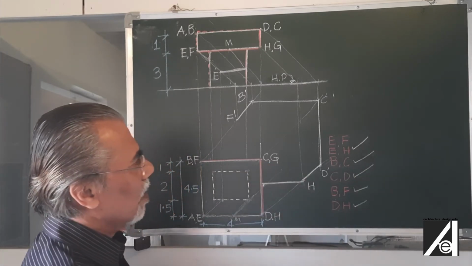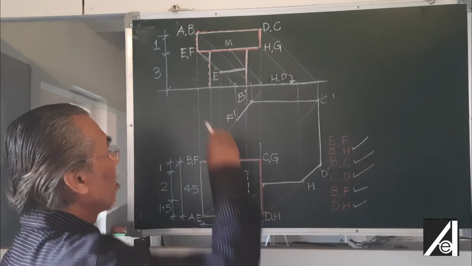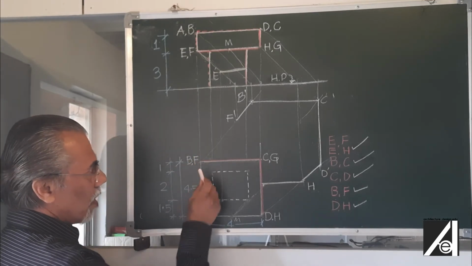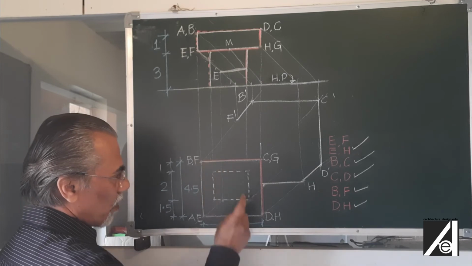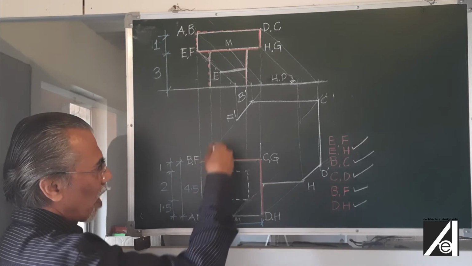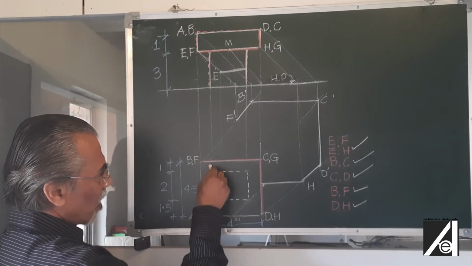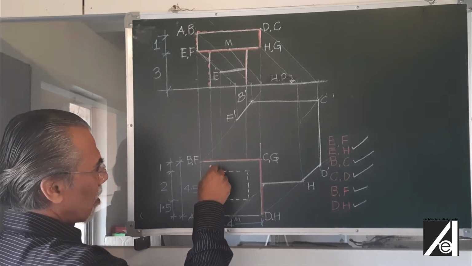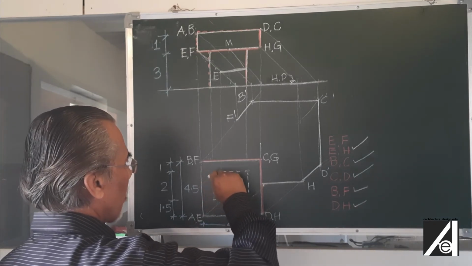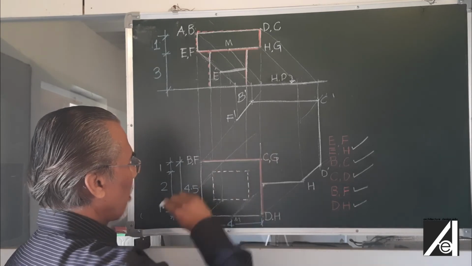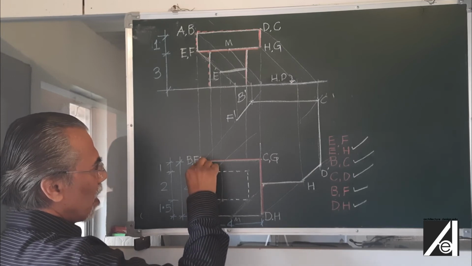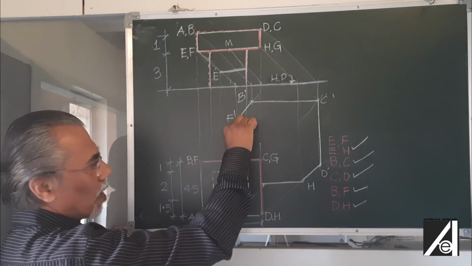Now only one edge shadow is remaining, that is EF. EF edge is this one, the lower edge. Now for this lower edge, similar to this, the shadow is going to be split between this vertical surface and the ground. As far as the shadow on this vertical surface is concerned, we can again draw it this way, and then we come to know that the shadow of this edge is going to be on the ground.